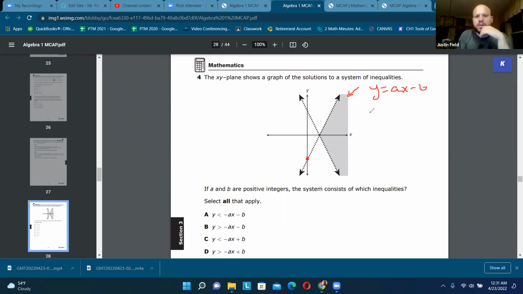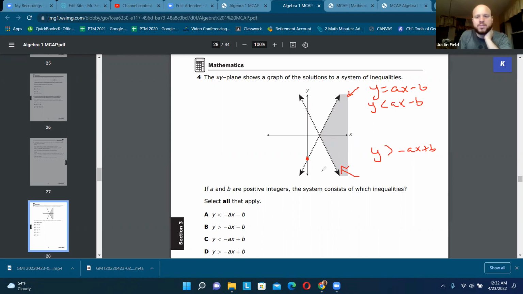And we know that we're less than this line, so that would be less than AX minus B. And then this line here is going down, so it's negative AX, and it has a positive y-intercept plus B. And the shading is above this line, so that would be greater than.